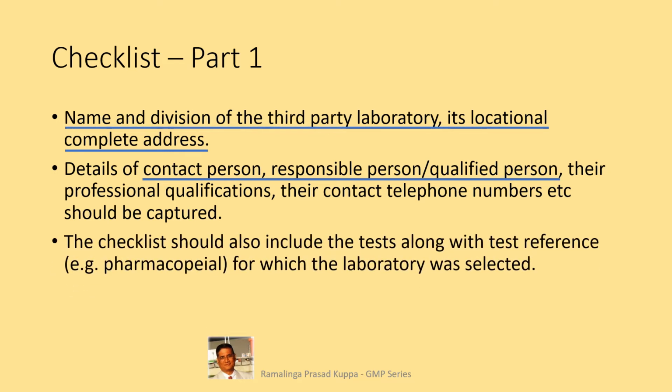The checklist should also include the tests along with the reference, example pharmacopoeia for which the laboratory was selected. The list should include all tests accepted to carry out by the contract laboratory. Also, any compendial references against which the product is tested.